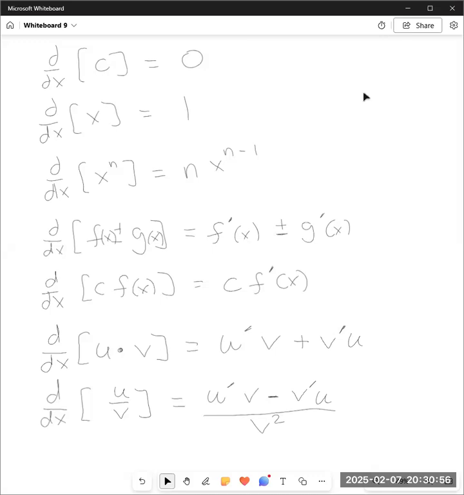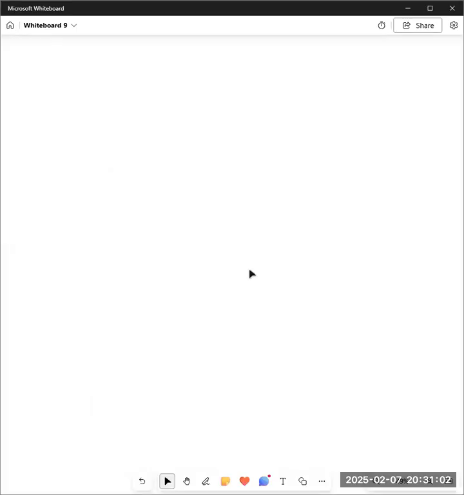These are the rules that we're talking about to find the derivative. So number 31 is f of x is equal to x cubed minus 3x times 2x squared plus 3x plus 5.